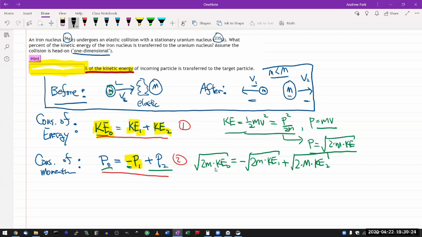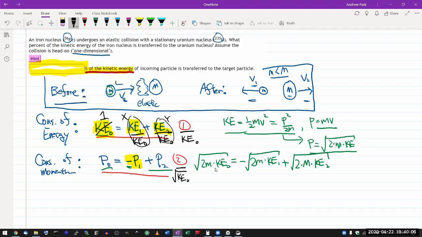With equation 1, I can do that by just dividing through by KE0. When I do that, the left-hand side becomes 1. This is KE1 over KE0, and KE2 over KE0. So this is one of my unknowns, x, and this is the other of my unknowns, let's say y. You will see that that's a manipulation you can do for both of my equations. In my second equation too, I can do a similar division, dividing by the square root of KE0.